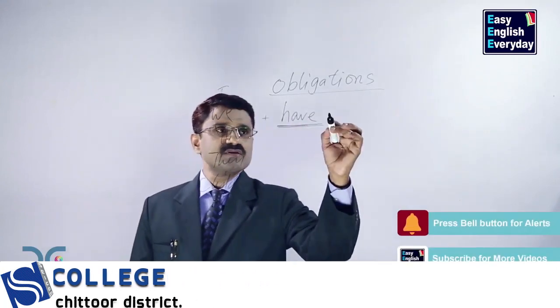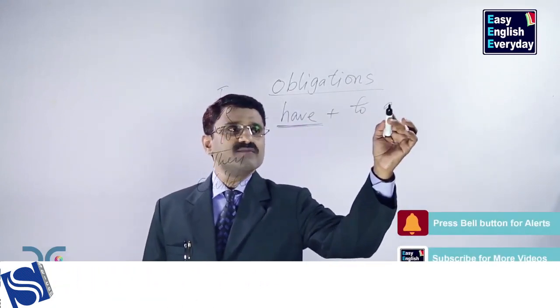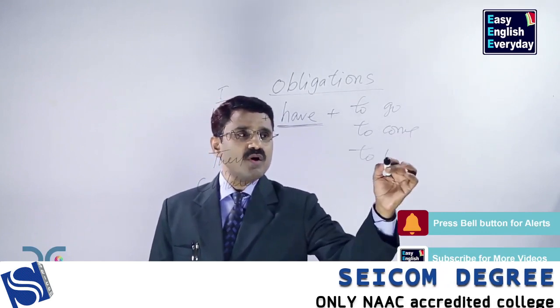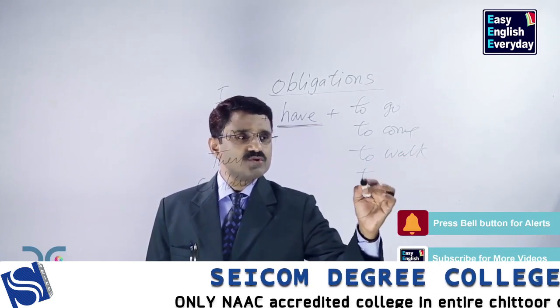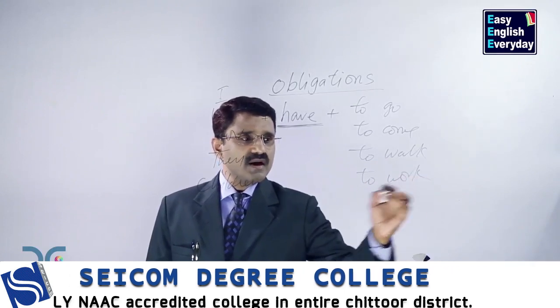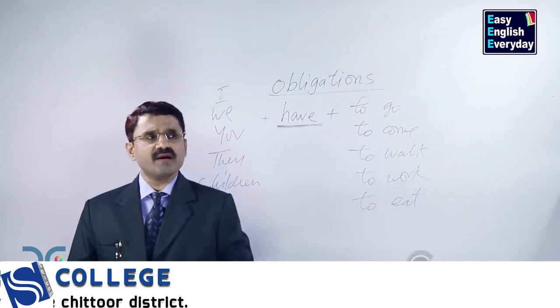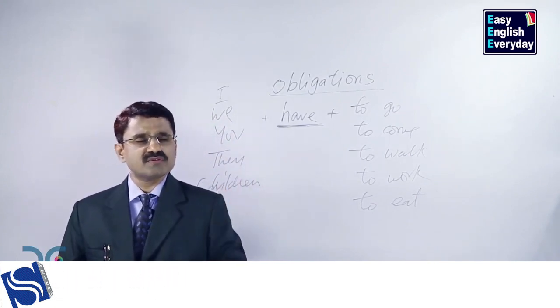Now let us see what we are doing now. I have to go, I have to come, I have to walk, I have to work, I have to eat. In this way you can make many more sentences.